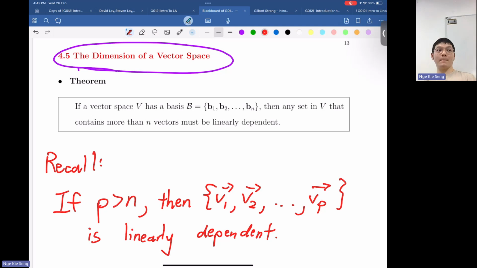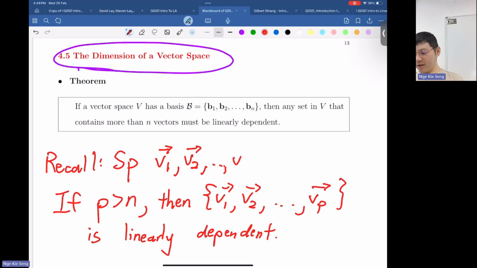Okay, but where does the n come from? Oh, this. Okay, so this Vi is supposed to be an element in Rn. Okay, so this is where the n comes from.